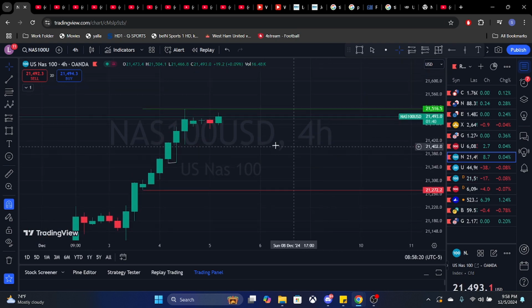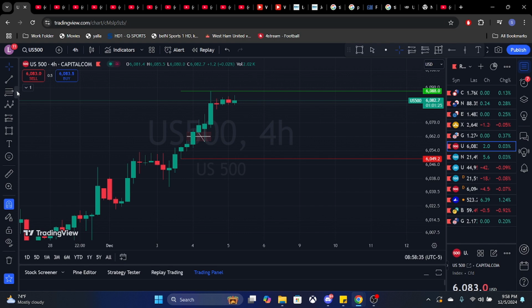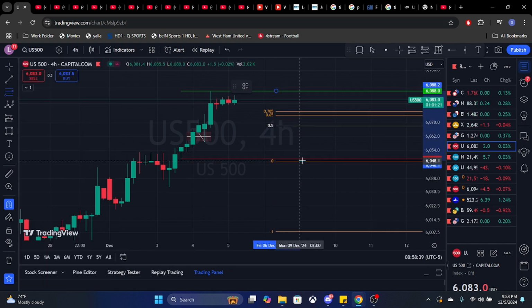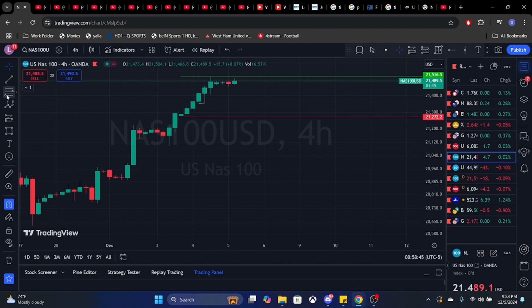For now, I would like to see us open here and then try to come back below, just like on the ES. But also keep in mind that we are targeting at least 50% of this whole candle high and candle low, because the sensitive area is the 50% of that whole candle.